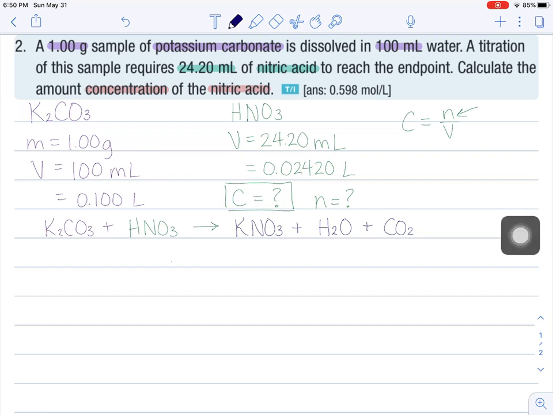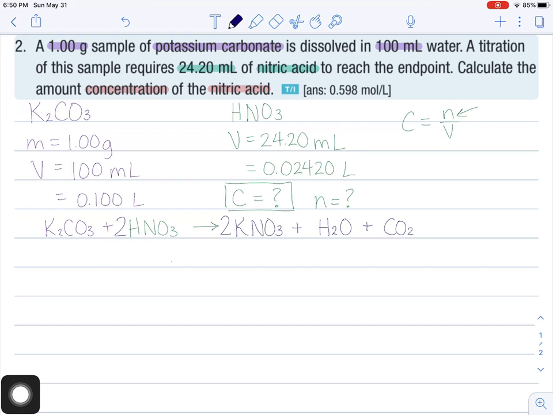So here I have 2 potassium, so I'm going to need 2 potassium nitrates. That gives me 2 nitrates, so I need 2 of my nitric acid. That gives me 2 hydrogen here, which end up in water. I need 1 oxygen there, which is going to come from carbonate. And then that leaves me with CO2, which is over here. So this is now balanced.